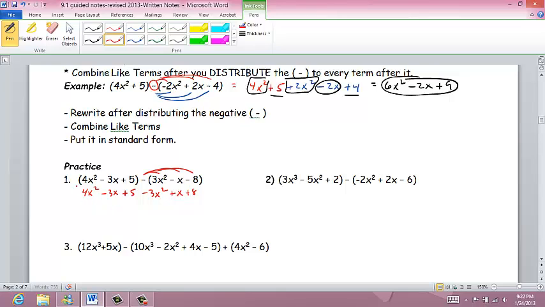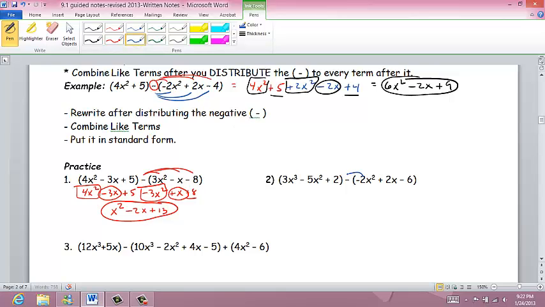When I combine like terms, 4x squared minus 3x squared is just 1x squared or just x squared. Negative 3x plus x is going to give you minus 2x, and 5 plus 8 is 13. And we are done with that one.